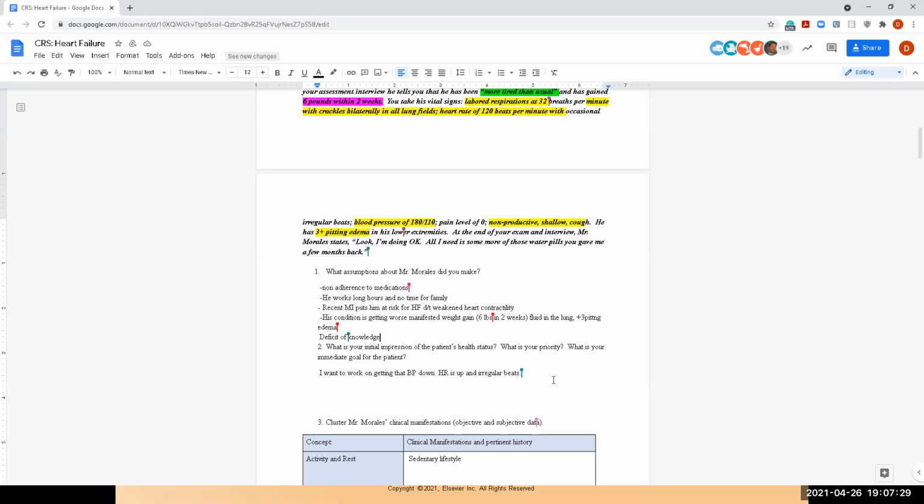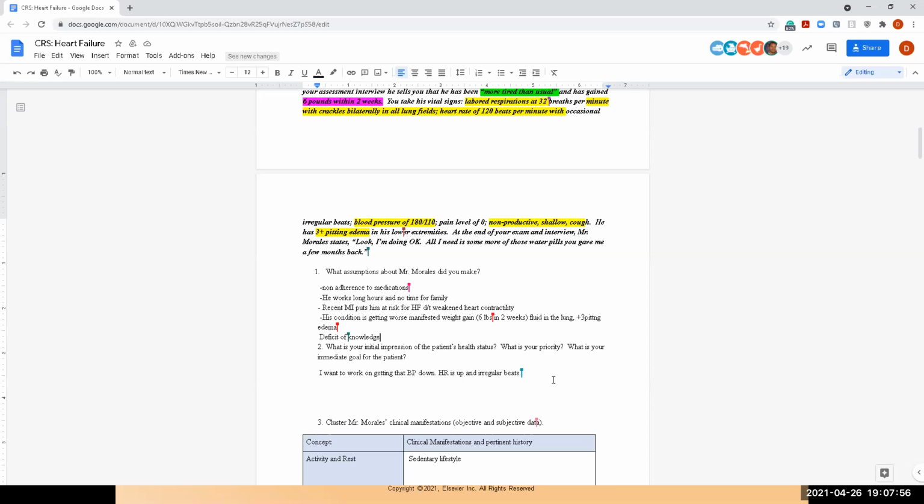I think the heart rate is going to be up because the BP is so high. I think they're both contributing to each other, but ultimately there are some blood pressure meds we might be able to give him that will have the chronotropic and the inotropic effect to try and get the BP down, get the heart rate down.